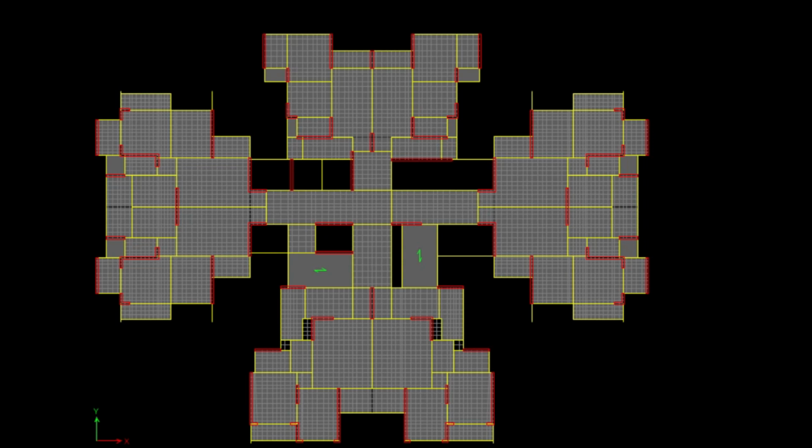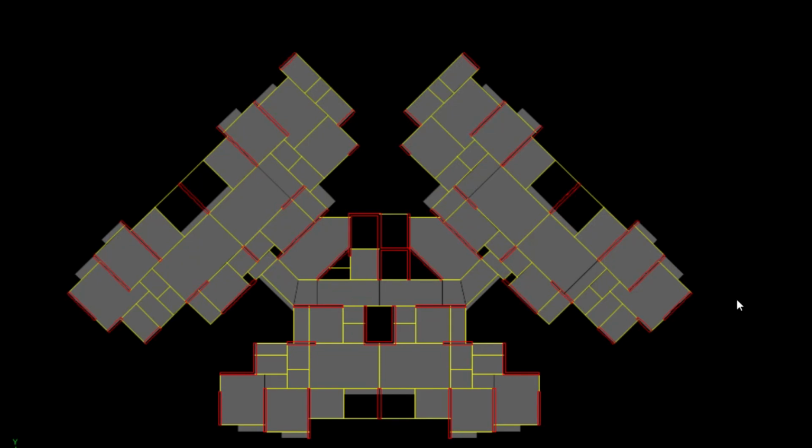One more thing: if this type of building is in zone 3 and there is no vertical irregularity, in that case SRSS can be simply applied to the x direction and y direction seismic forces.